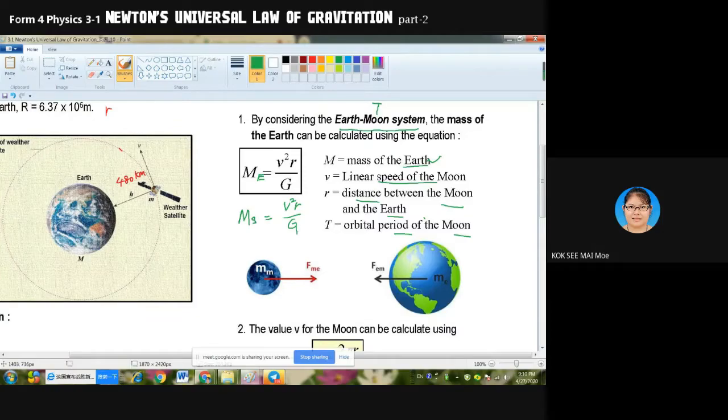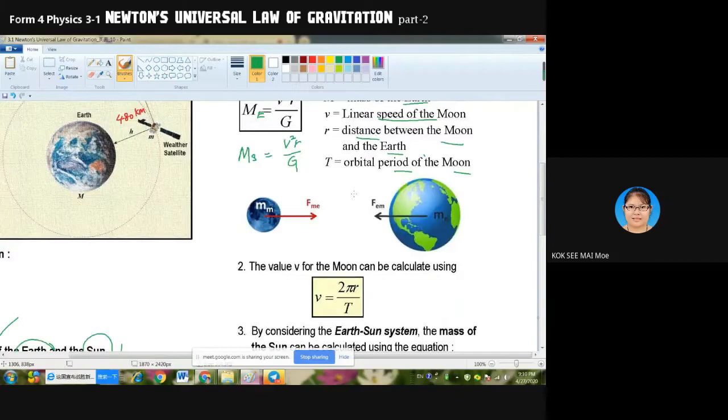T is the period of the earth to orbit the sun. So just this one is the big object, and the rest is the thing orbiting the object. Here is a diagram: the force from the moon pulls the earth, and the force from the earth pulls the moon.